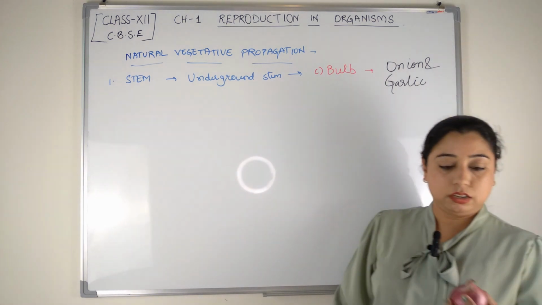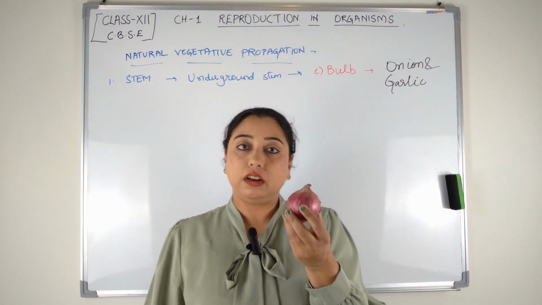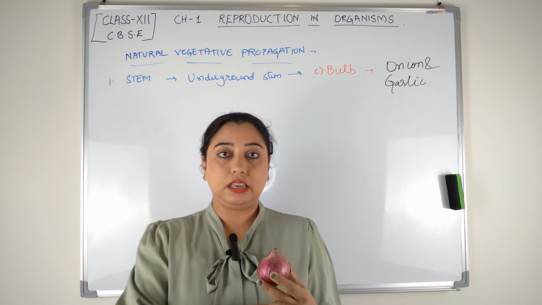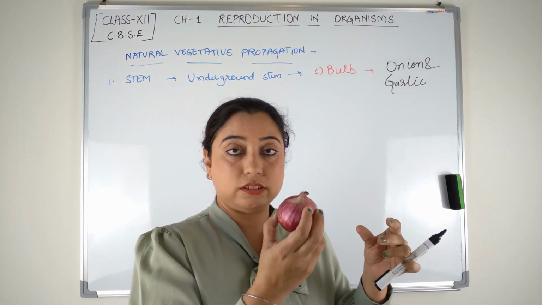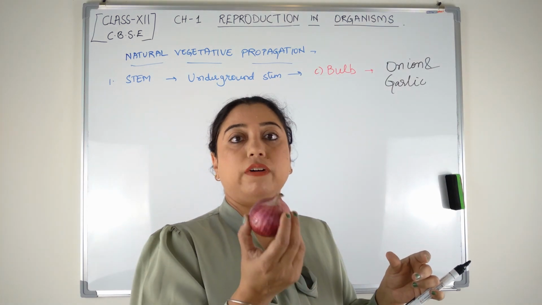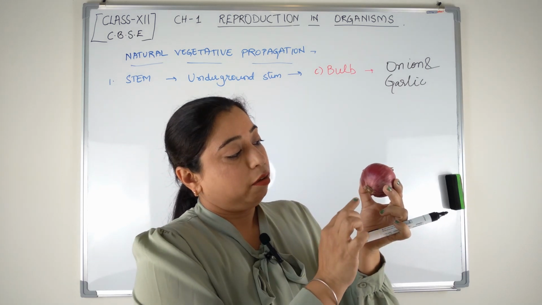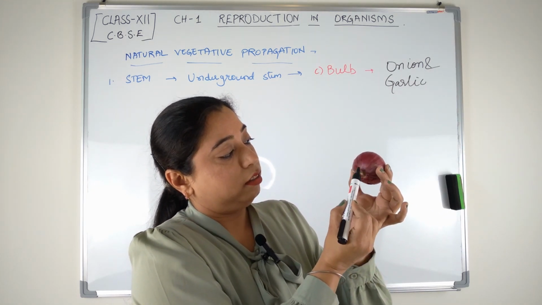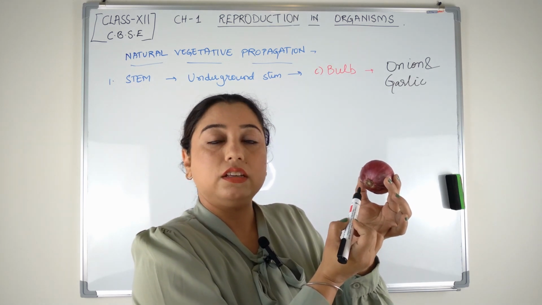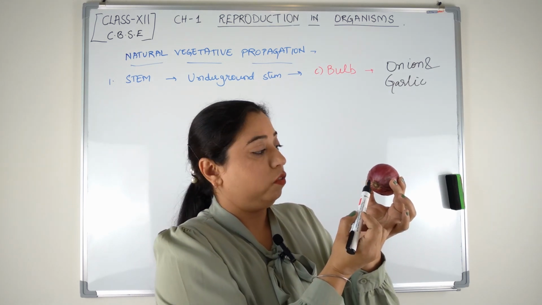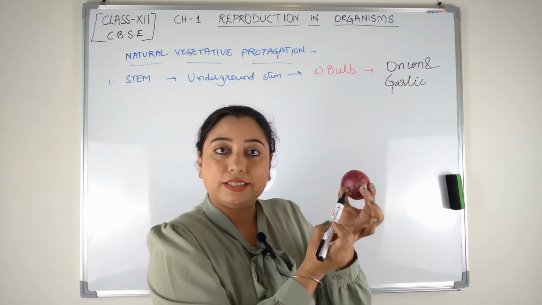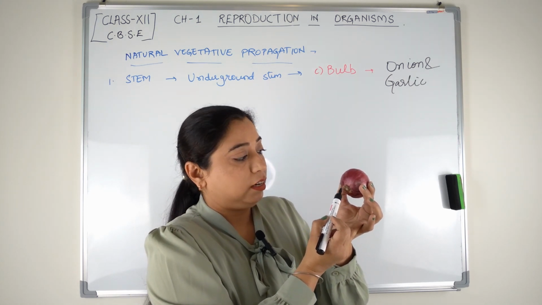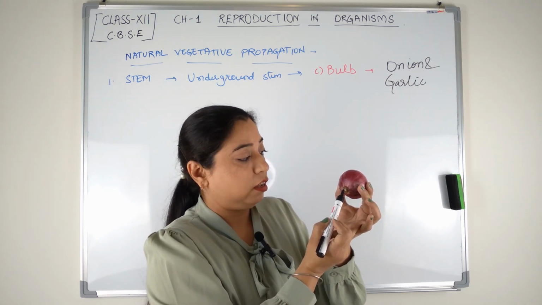This is the structure of onion. If you can see, it is actually a condensed swollen bulb of onion. Below, somewhere here, this part is actually the reduced stem. This is a reduced underground stem of the onion bulb. It is somewhat disc shaped, right?